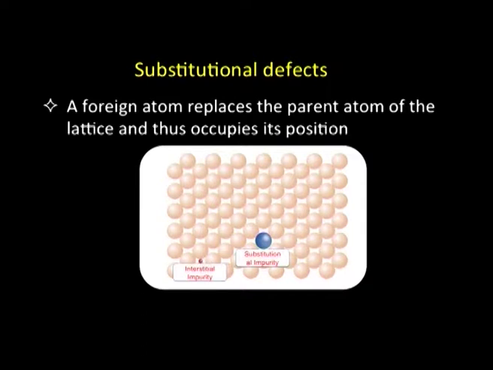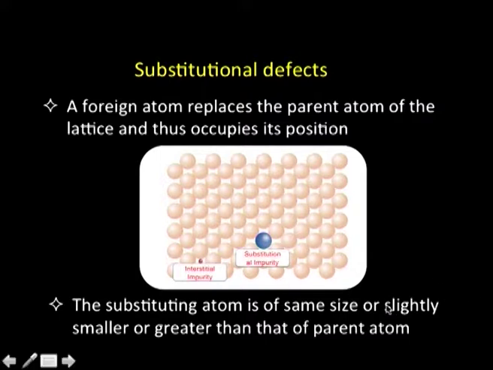Okay. Now, the substitutional atom is of the same size or slightly smaller or greater than that of the parent atom. Depending on that, it can either replace the atom, or it can occupy an interstitial site, and accordingly it will lead to some kind of distortion in the lattice.